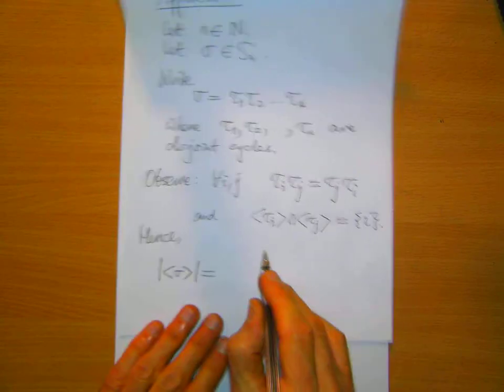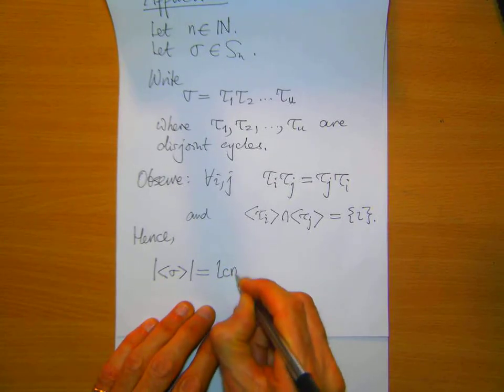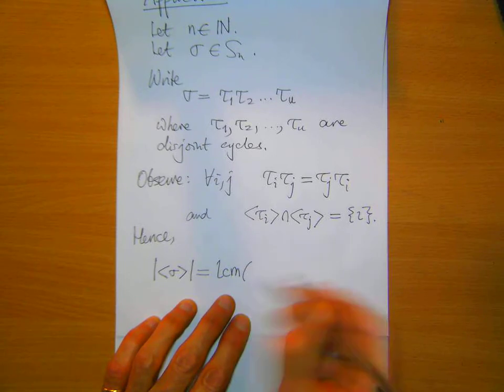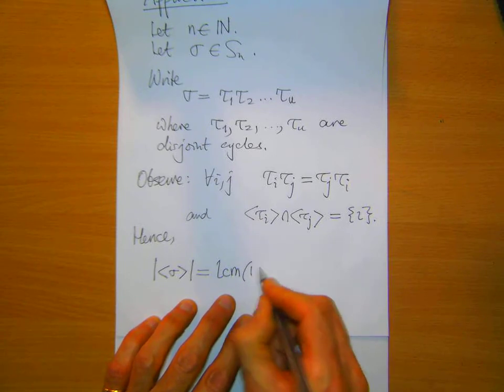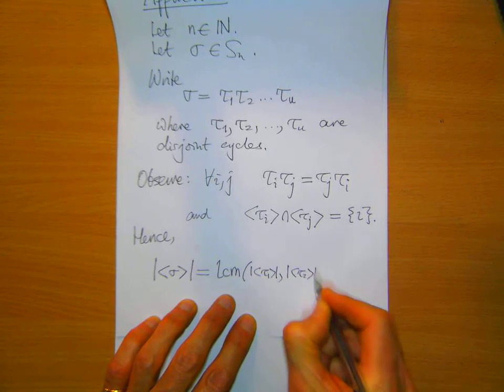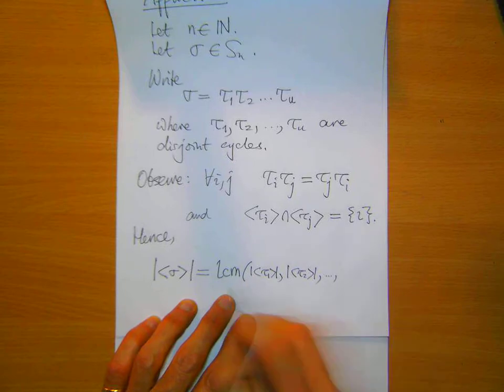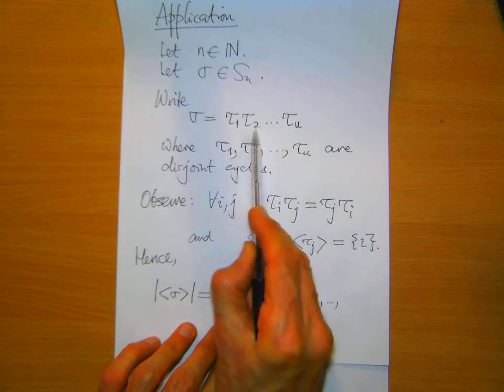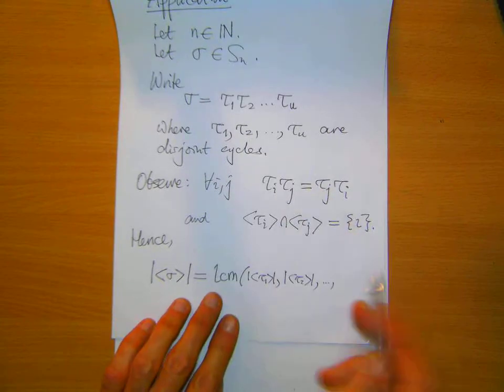So what we get is the lowest common multiple of the orders of these cycles. So this is the extension to more than two. In the lemma we've just proved, we just had a product of two things. Now we've got a product of u things.